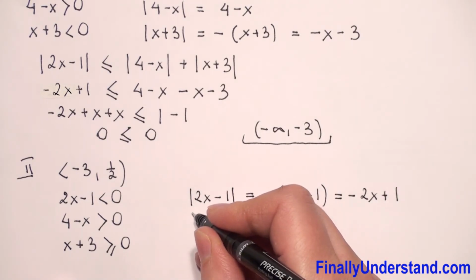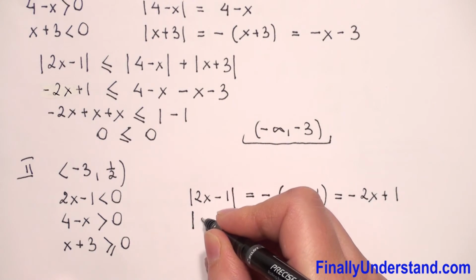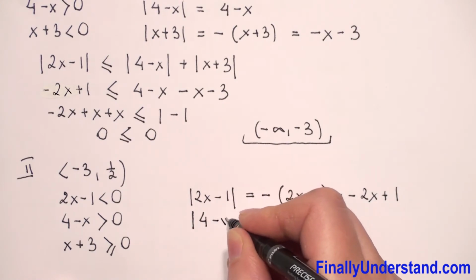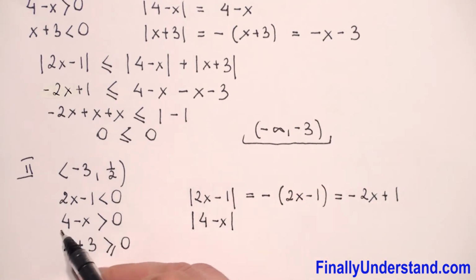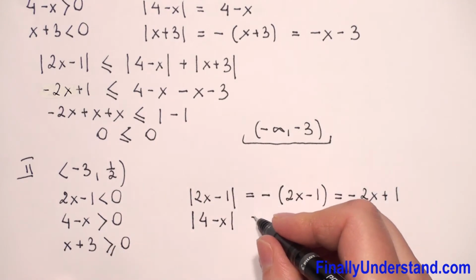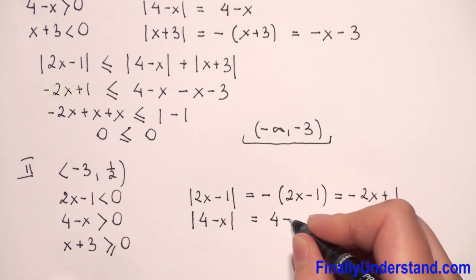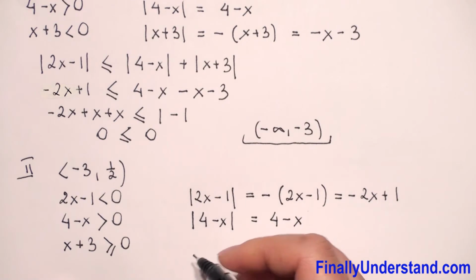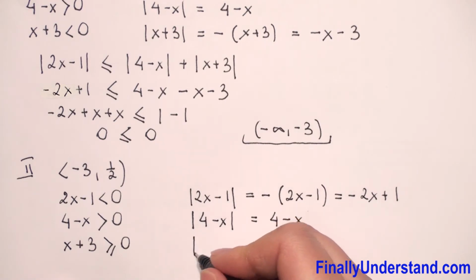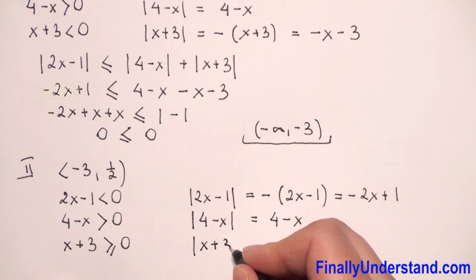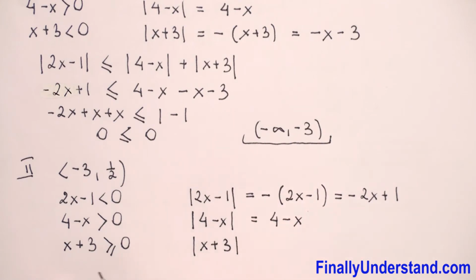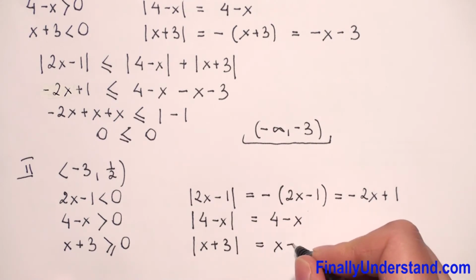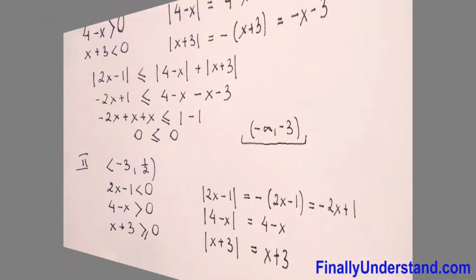Now we have to take the absolute value of 4 minus x. This expression is positive. It means we just copy 4 minus x. And the third absolute value of x plus 3 is greater than or equal to 0. It means it's positive. So it will be just x plus 3.